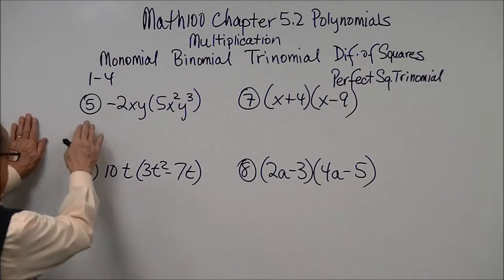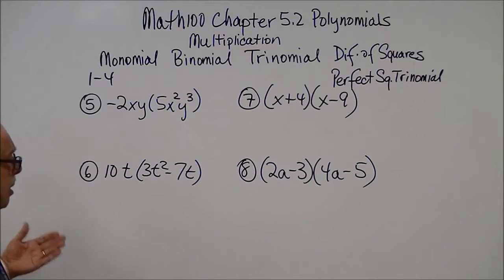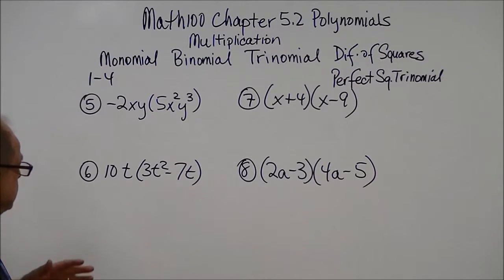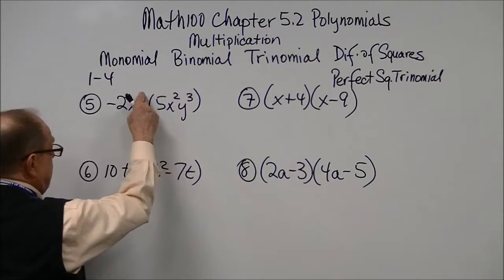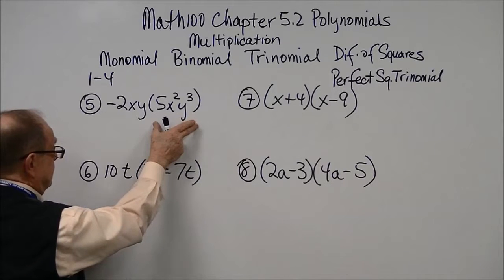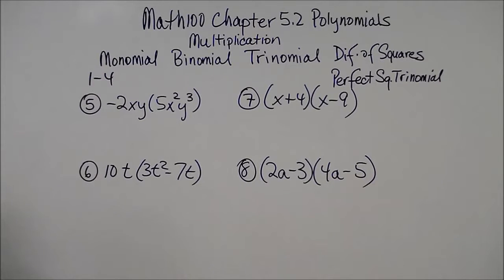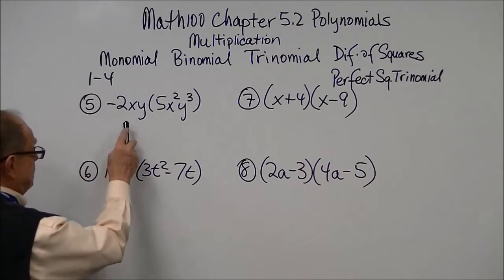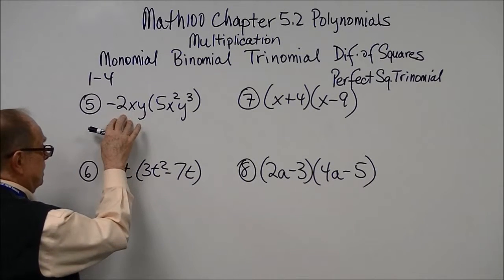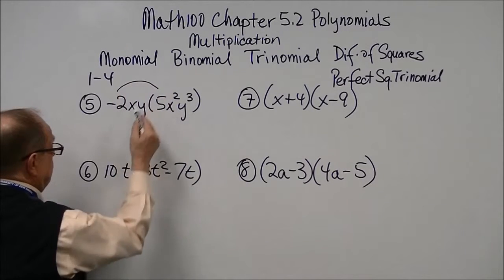As you look at example 5, and again, part of this is strategy. What do you do? Well, there's no multiplication sign between this term and this term. There's parentheses, but that indicates multiplication. So what they're asking us to do is to multiply this monomial by this monomial, and we're just going to distribute.